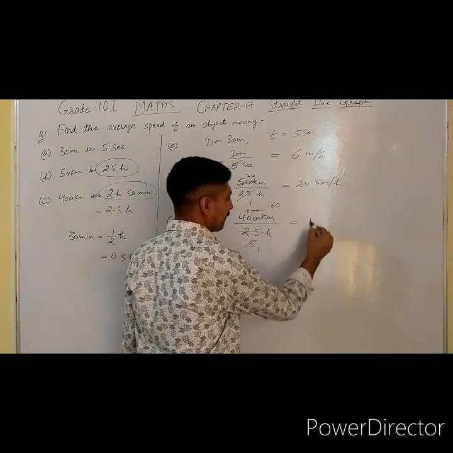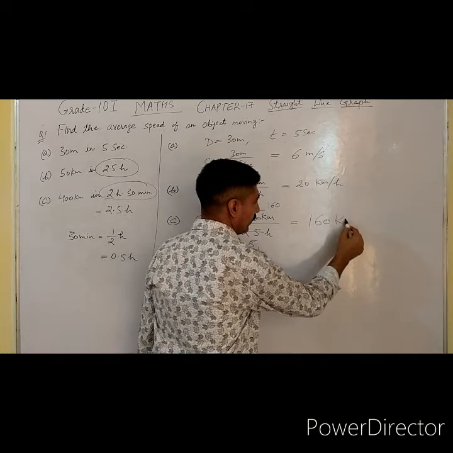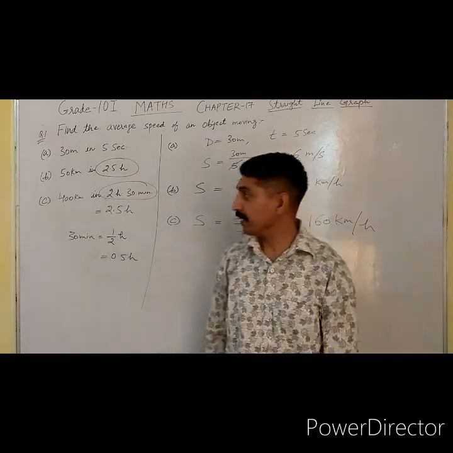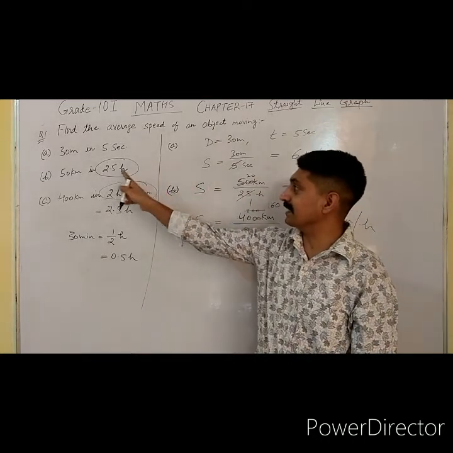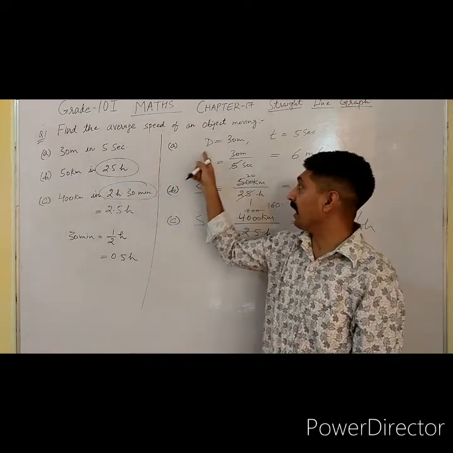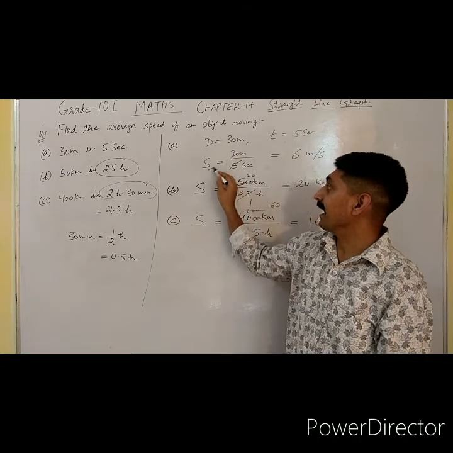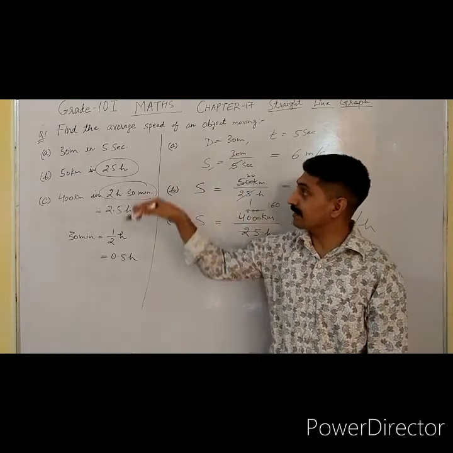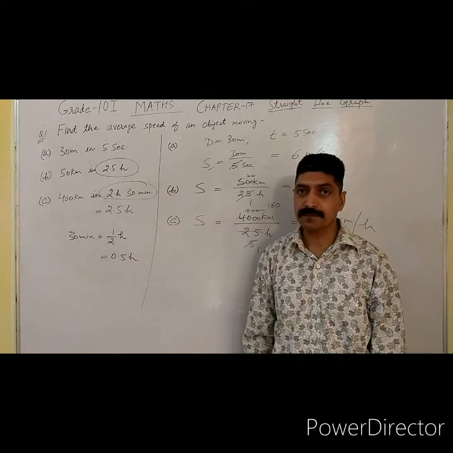So here we have the average speed 160 kilometer per hour. Here we were given the distance and time, and we found the average speed. Now we will come to the next question.